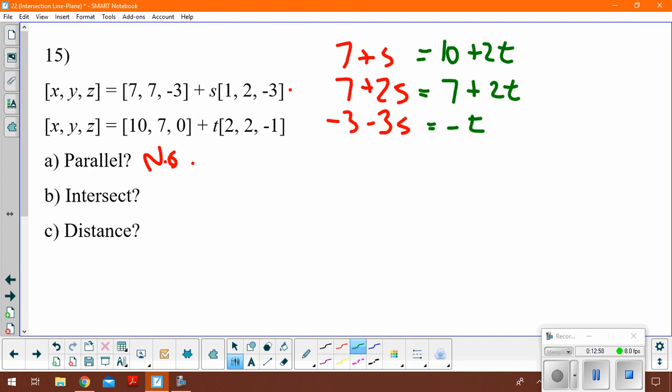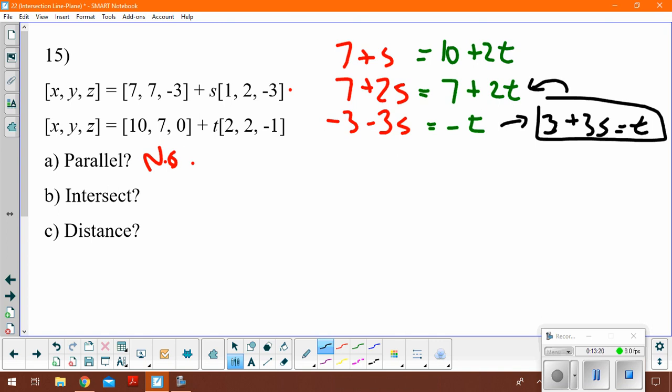Okay, and we've got another one that sets up nicely for substitution. I can peel off all those negatives, and this is 3 plus 3s is equal to t. Then substitute back into the equation of my choice.